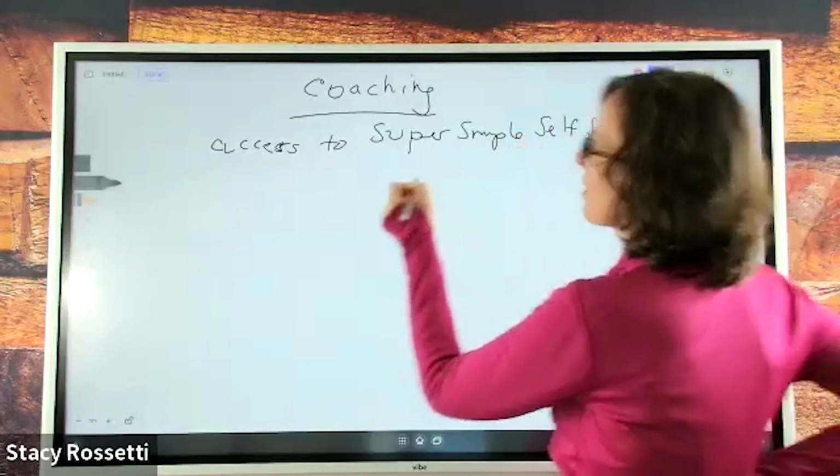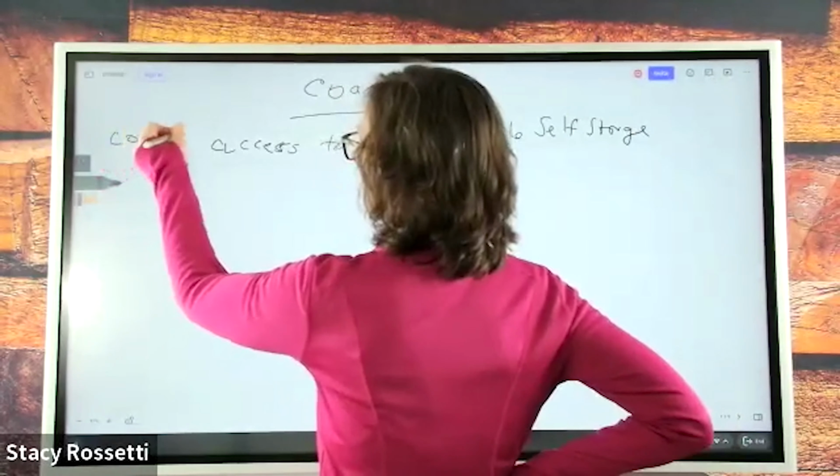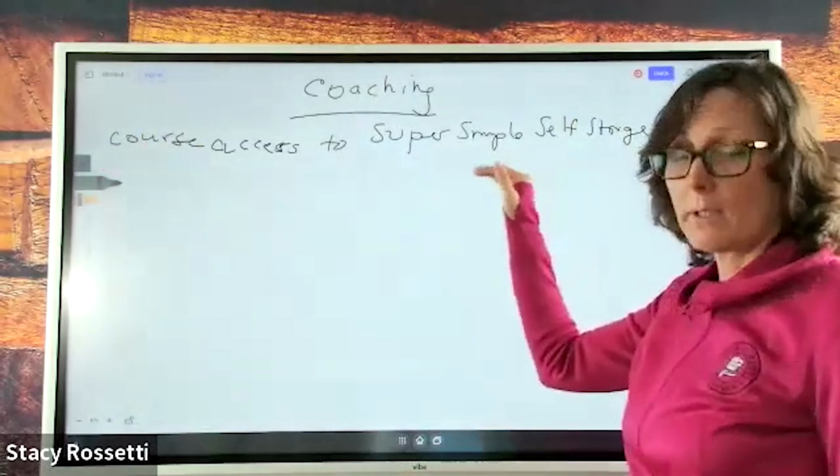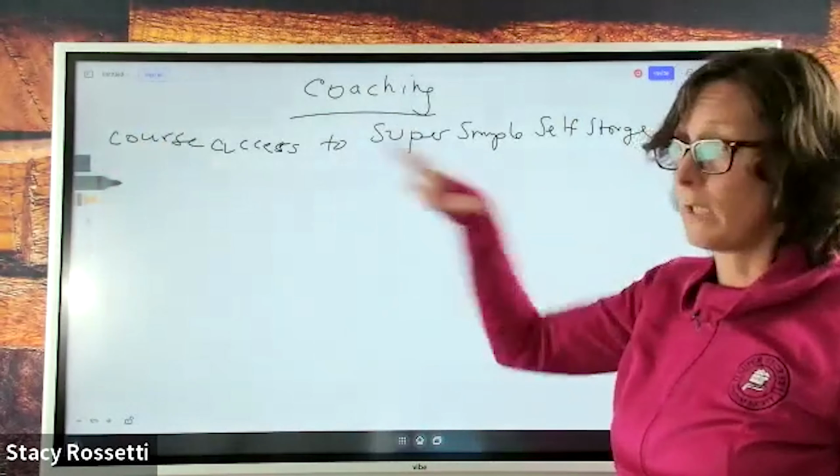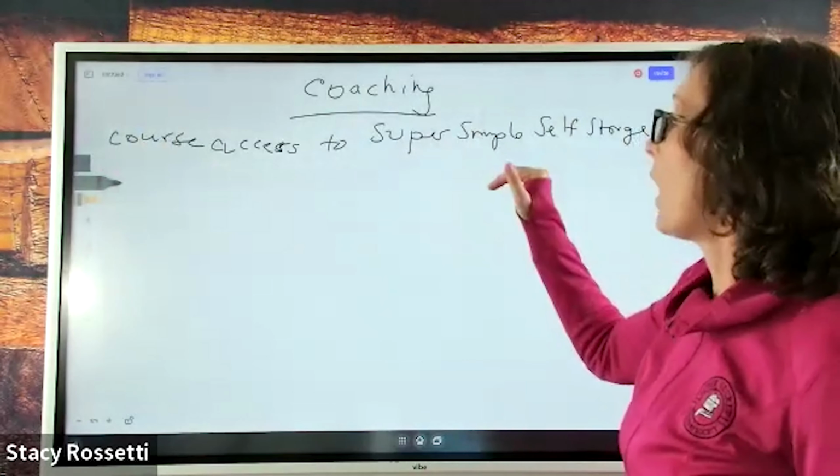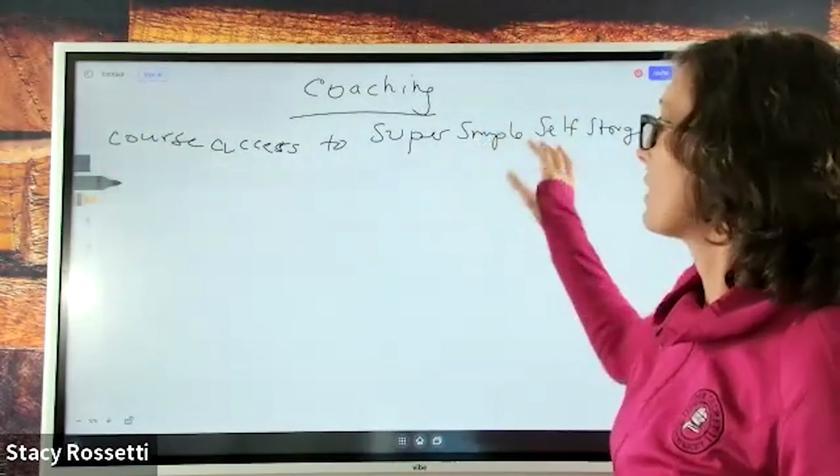Okay, this is the course access. Now you could buy that separately if you want, right? You could just DIY yourself too. But if you decided to join the coaching program, then that would be a bonus. Okay, this becomes your curriculum, and you can go through that.